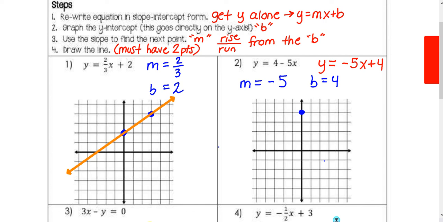Now our slope. I have a negative 5. How can I make negative 5 into a fraction so I can do rise over run? I put it over 1. So you have 2 options here. Remember that this is either a negative 5 over 1 or it's a 5 over negative 1. They are not both negative because a negative over a negative is a positive.